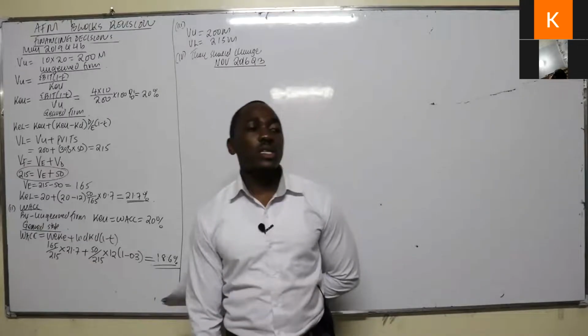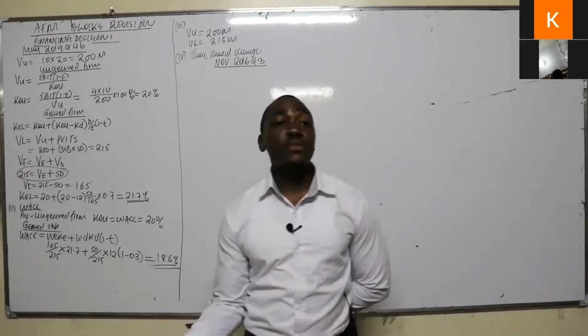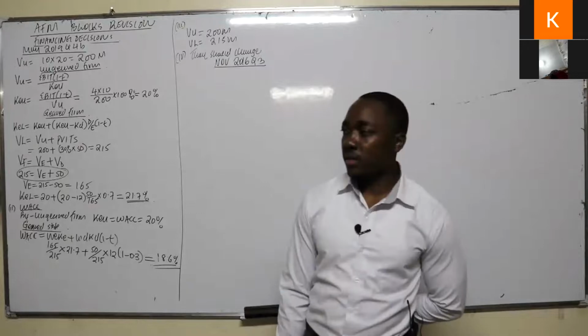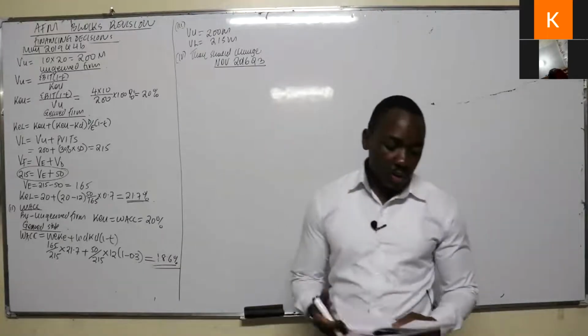Unlike the MM, where it is stated that capital structure is irrelevant, the traditional theory says that it's relevant. Let's go to part B.